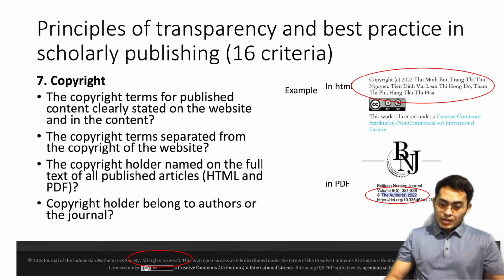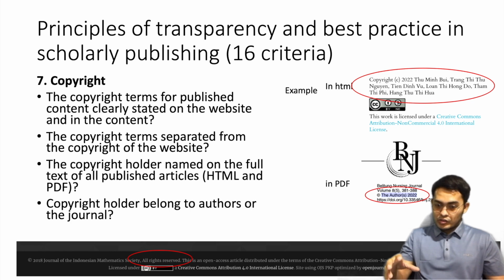And it should not conflict with the copyright of the website. Here, for example, "2018 Journal of the Indonesian Mathematics Society, all rights reserved." It means the authors do not have unrestricted copyrights, because everything belongs to the journal.